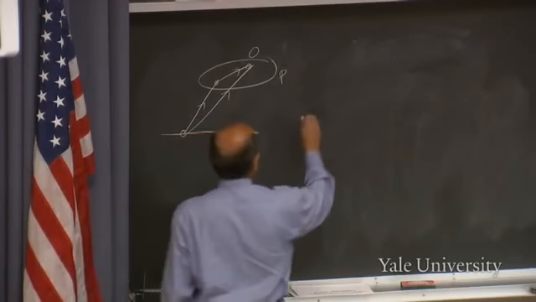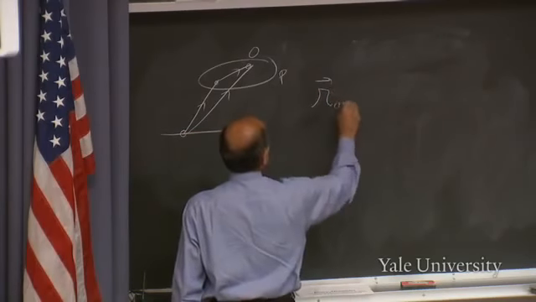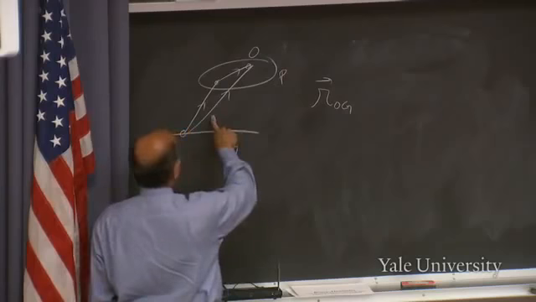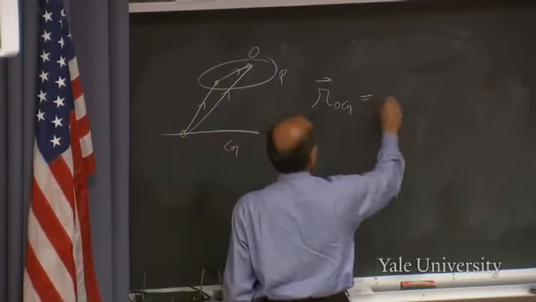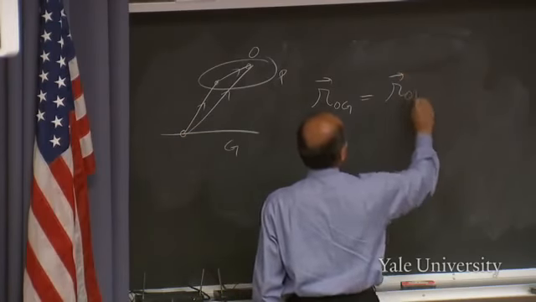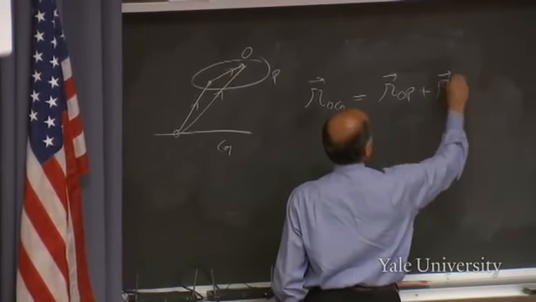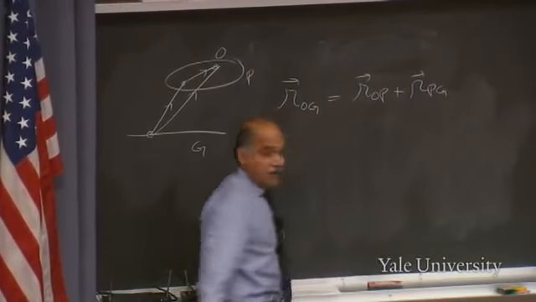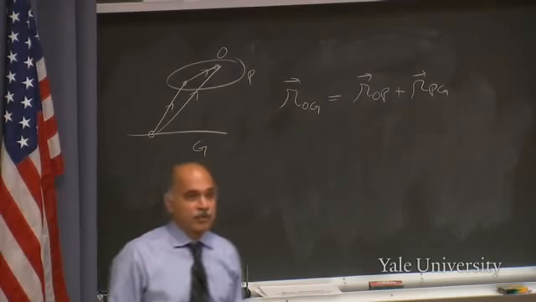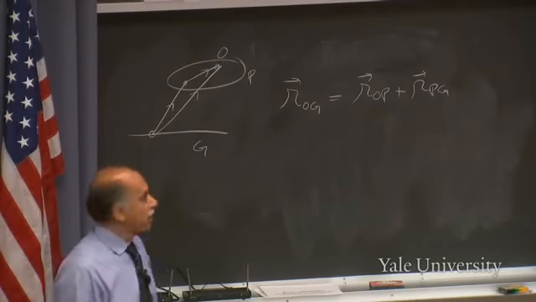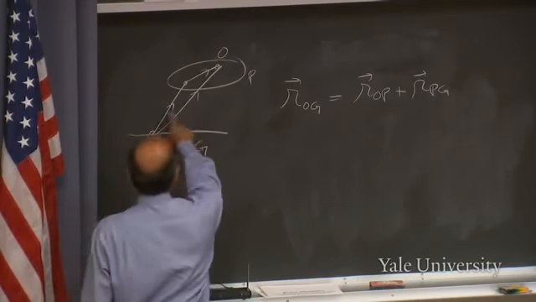I think it's clear the position of the object with respect to the ground is the same as the position of the object with respect to the plane plus the position of the plane with respect to the ground. You agree? Okay. This is the picture here.